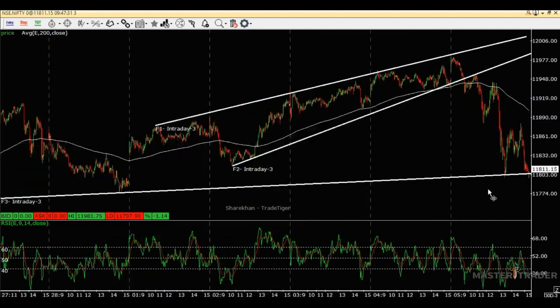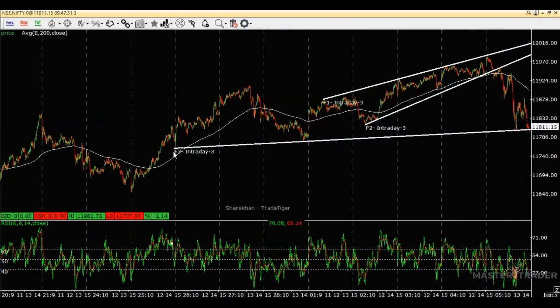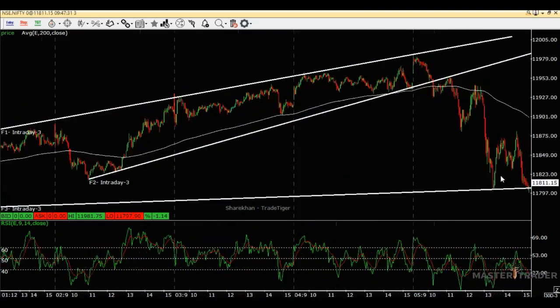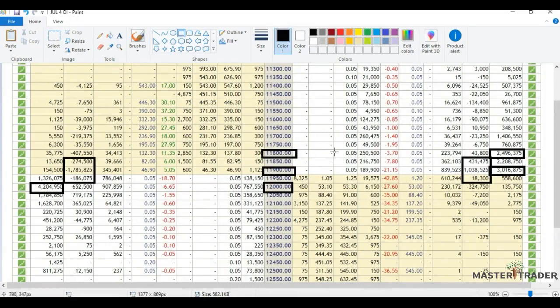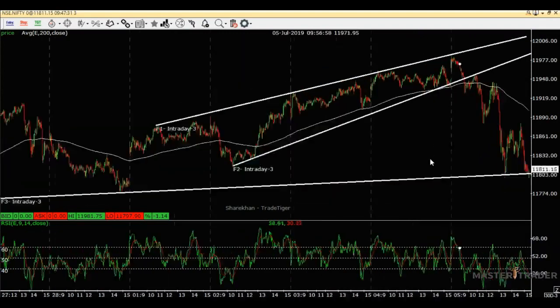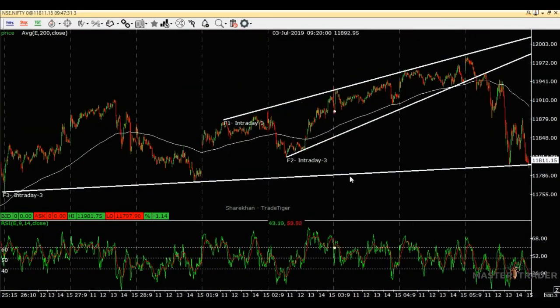Okay, can you see how I drew this? I connected this swing low to this swing low, which gave me this support trend line. So now my data is suggesting 11,800 as a strong support level, right? And my chart is also showing that yes, as per this trend line, we have good support here.